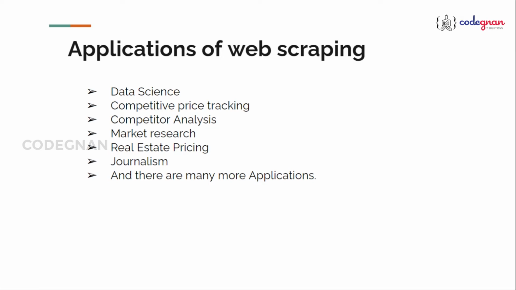You can sell your product at the accurate price, less than or at their price, right? It also helps you in competitor analysis, where you collect the data regularly about your competitor so that you can analyze their data and change your own policies accordingly. Also in market research, real estate pricing, journalism, and there are many more applications of web scraping.